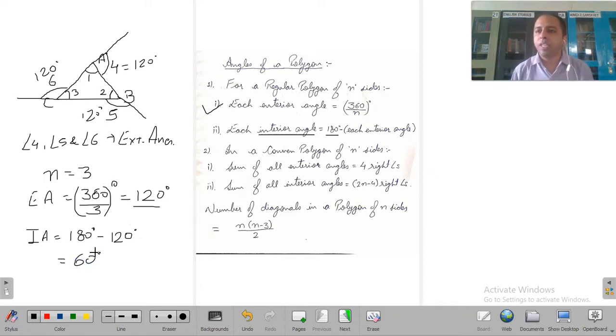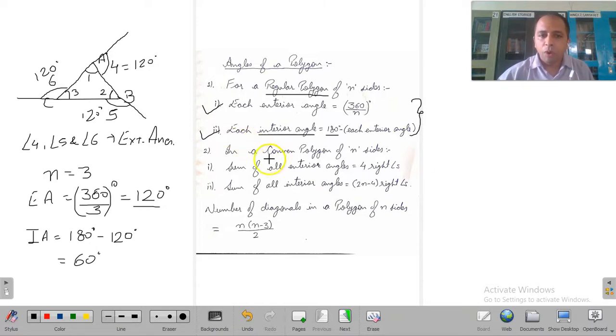So in the case of a triangle, each exterior angle is 120 degrees while each interior angle is 60 degrees. These formulas are for regular polygons only. So you have to read the question very carefully. If you have been asked about a regular polygon, then you can apply these two formulas to calculate the value of exterior and interior angles.